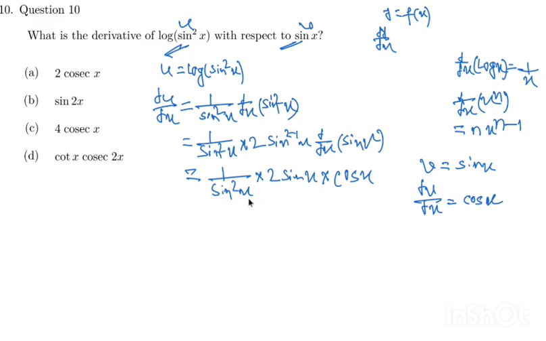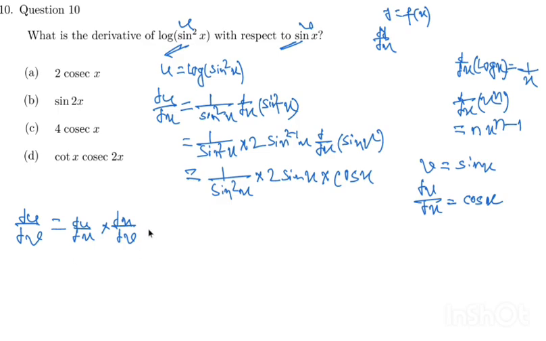Now we will calculate derivative of u with respect to v. That means we need du/dv. Is this clear? So how will we calculate that? du/dx we have calculated, and if we multiply this with dx/dv, what will remain? du/dv.